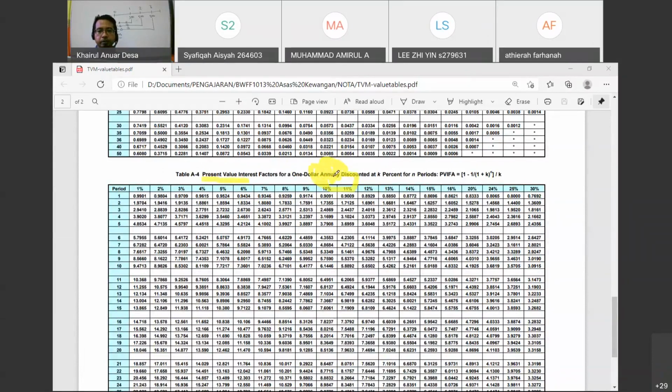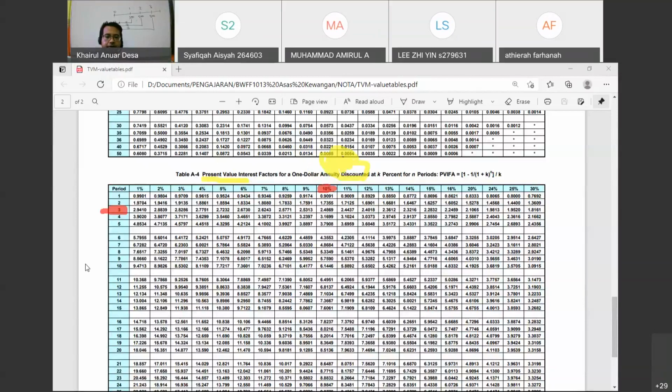Pastikan guna table yang betul. Okay, present value annuity here. So the period is 3 years. Okay, 3 years here. And 10%. Okay, 10% here.